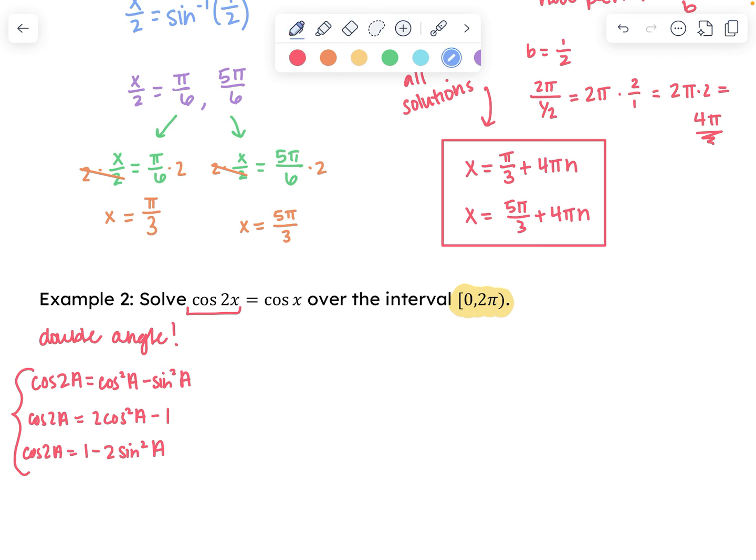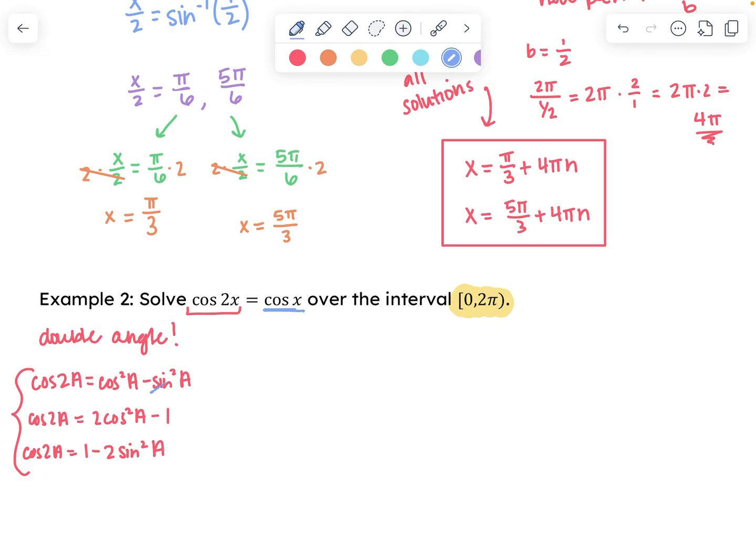I'm going to look over here and see that it's equal to a cosine x. And remember, our goal here is to get it down to just one trig function that has the same thing on the inside of it so that I can solve this. So I don't really want to use either of these that has sine in it.